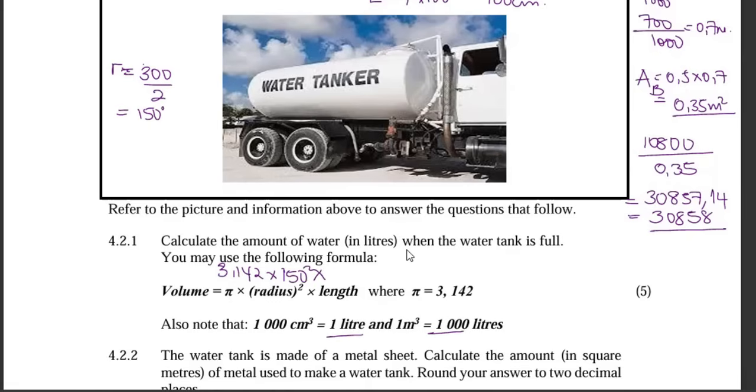So 3,142 times 150 squared times 700 gives 49,486,500 centimeters cubed.